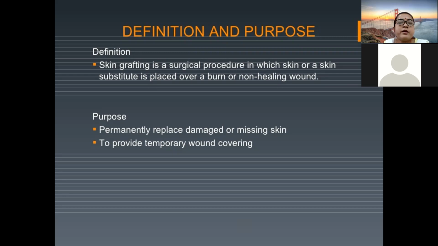Purpose: permanently replace damaged or missing skin, or provide temporary wound covering. Sometimes two or three operative procedures may be done, because in one procedure the full skin grafting may not be complete, so two to three settings may be required by the surgeons.